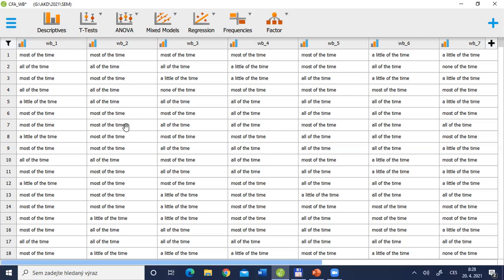So before we start changing the scale, we should briefly discuss the consequences of these changes. First of all, I would like to add that if we would like to be as correct as possible, instead of changing scale, we would try to find a software package that can handle ordinal data in factor analysis.